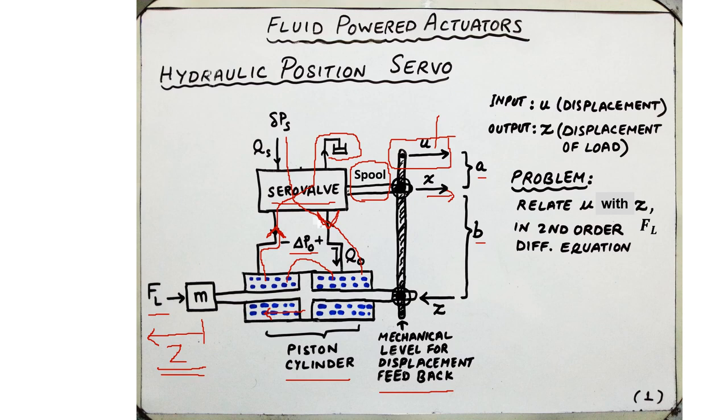And B is the distance from the point of contact between the spool and the mechanical lever, to the point where the piston is connected to the mechanical lever.